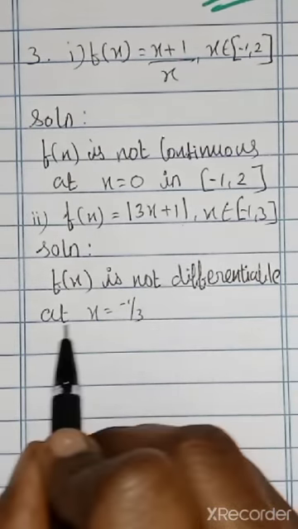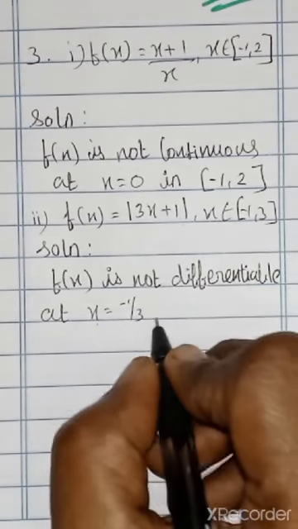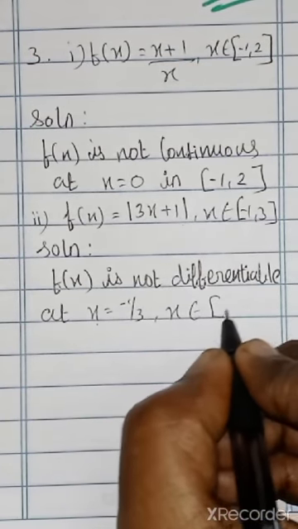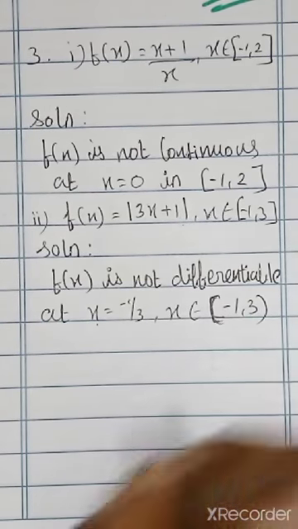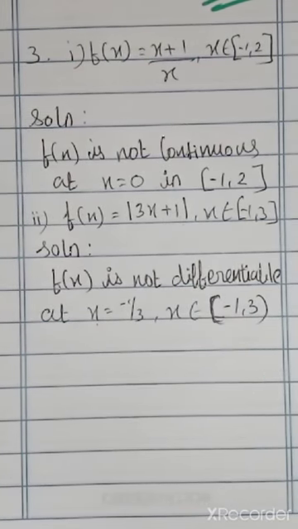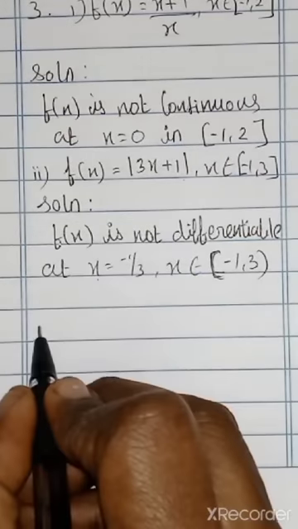So f is not differentiable at x equal to minus 1 by 3, where x belongs to minus 1 comma 3. For differentiable, you have to put an open bracket.